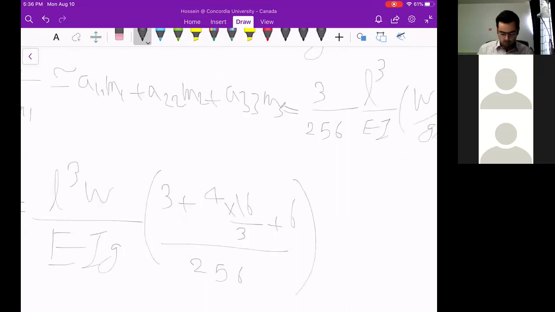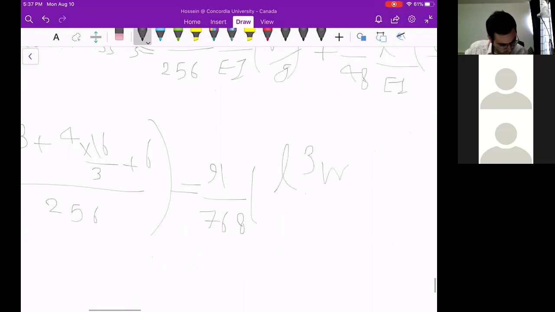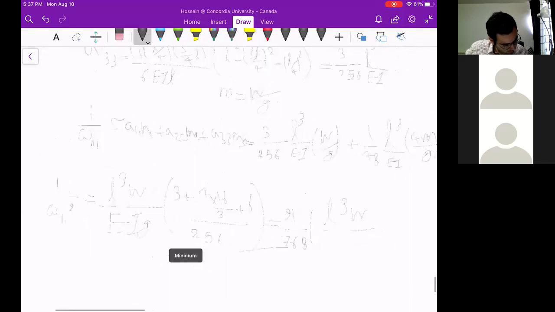So you could calculate 3 plus 4 multiplied by 16, plus 6, divided by 256, which is going to be 91 over 768, times L cube over EIG.